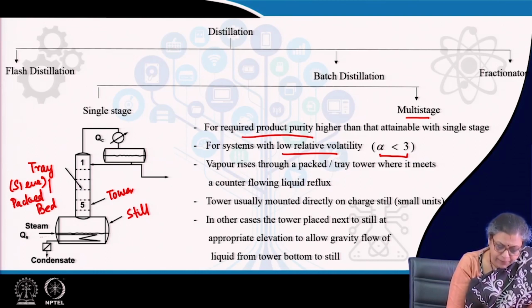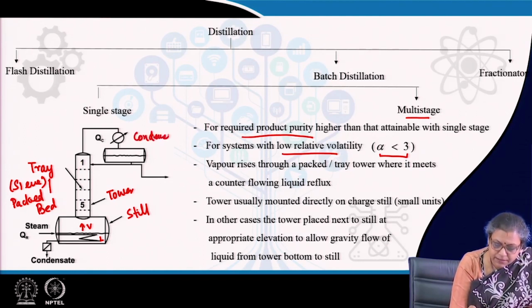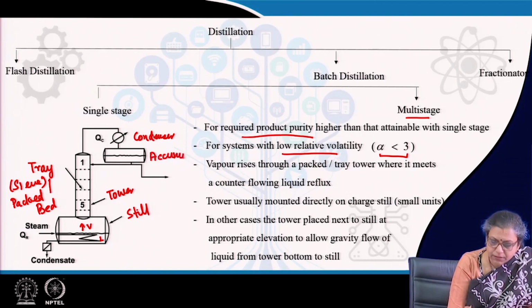So, what happens is the same thing: steam is there, steam provides the heat and then the vapor rises from here, the liquid remains here. The vapor rises through the tower and reaches the condenser. From the condenser it gets condensed. Then the condensed liquid comes and is collected in the accumulator, otherwise known as the reflux drum.